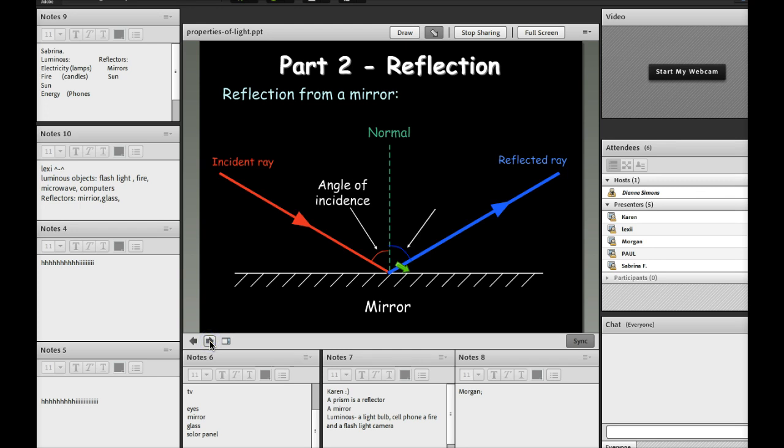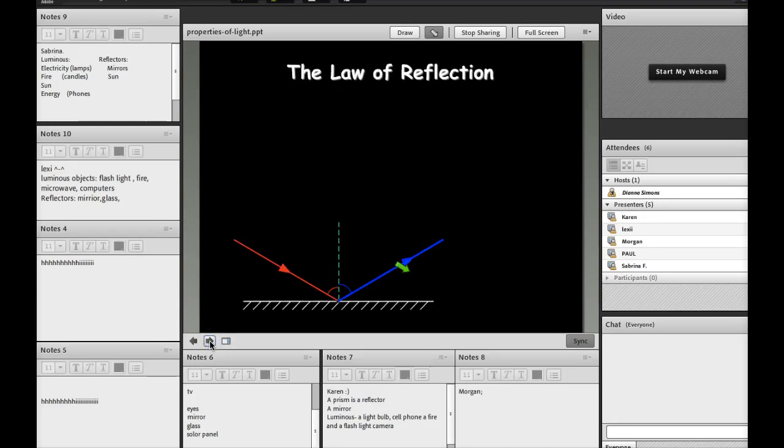The angle that the reflected ray makes with that normal line is the angle of reflection. Makes sense, right? This isn't rocket science, but well, maybe it is, the lower levels of rocket science, okay? It really kind of is, guys, so you're learning rocket science.